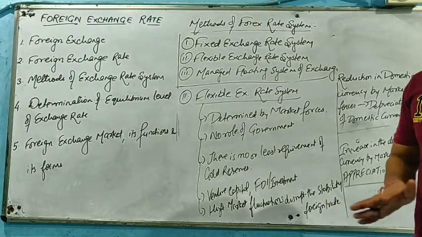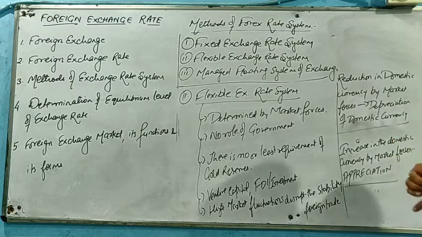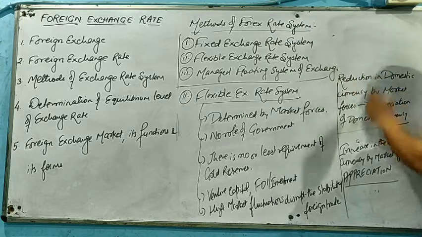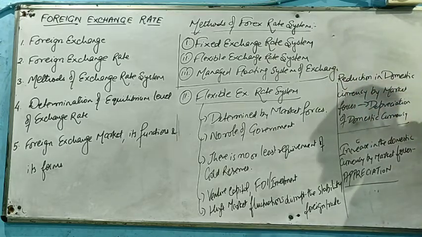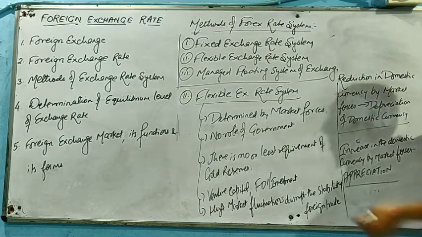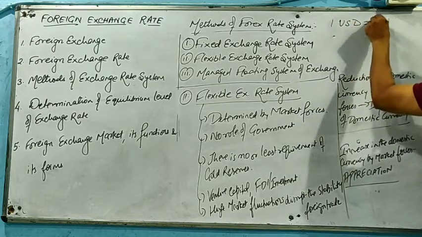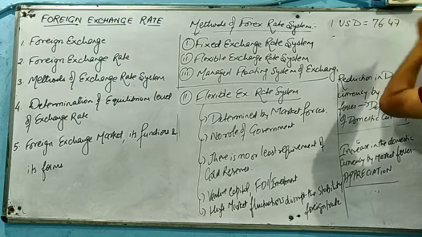That you just need to learn by heart. Now, how can we say the currency of our country is in appreciation mode or depreciation mode? Let's take an example. Say the US dollar is currently at 76.4.